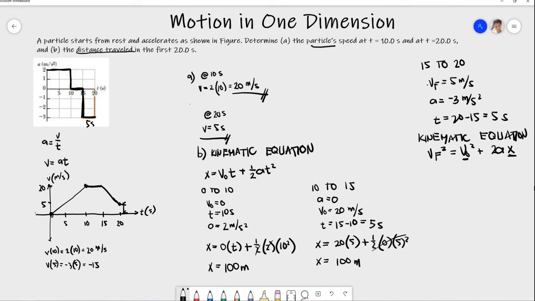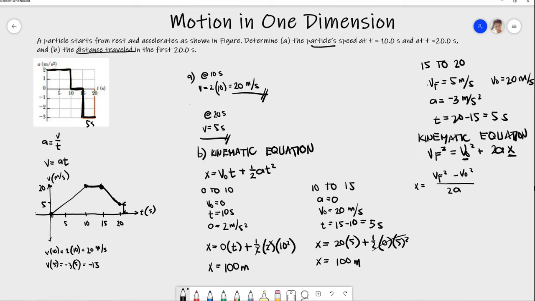Looking back again here, the initial velocity from 15 to 20, let me write it, the initial velocity is equal to 20 meters per second. Therefore, by manipulating the formula, we can get x is equal to Vf squared minus the initial velocity squared all over 2 times the acceleration.